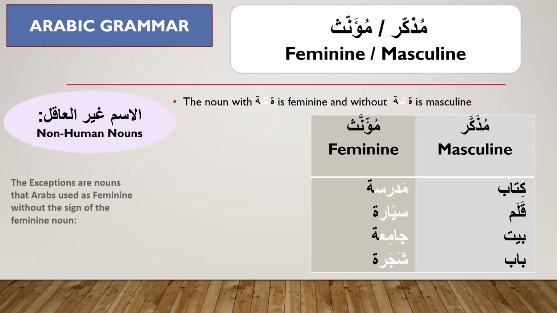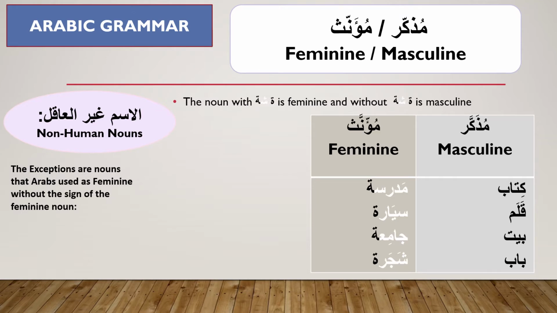The exceptions are nouns that Arabs used as a feminine noun without any sign of the feminine noun, meaning that those nouns do not end with ta marbuta. They are not related to women, like a name of a woman or a name of a girl.